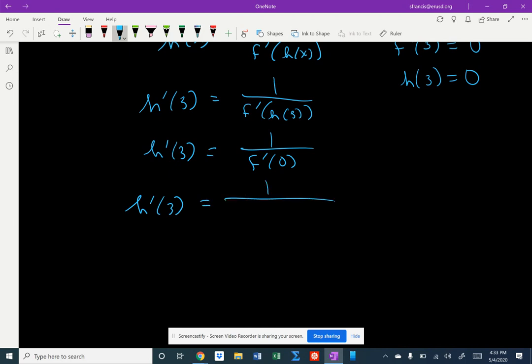I don't think I calculated it at 0 yet, so let's just work this out. So it's going to be cosine of pi times 0 plus 0 to the 4th plus 6. Cosine of 0 is 1, plus 6 is 7, so this works out to be 1/7.